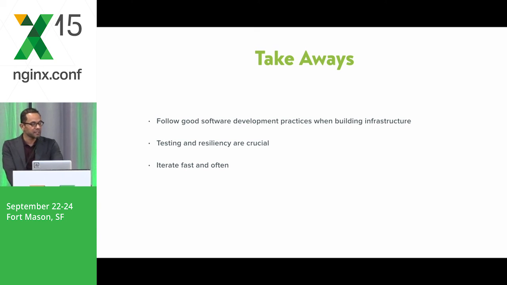Testing and resiliency are really crucial when writing infrastructure code, especially code that's running on a load balancer. For us, Sorting Hat is really the most well-tested code, I would say, in the entire Shopify stack. And you really have to think about those failure scenarios.